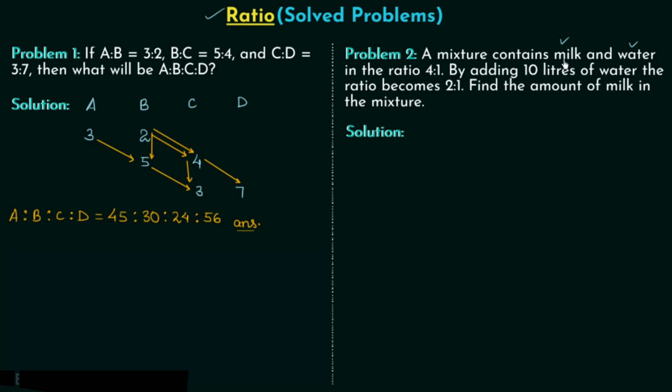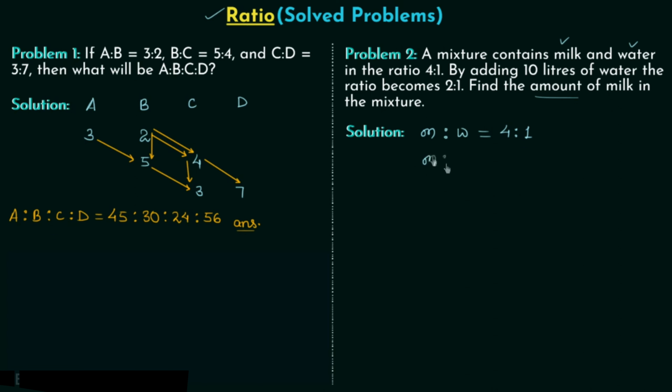According to the question, we have milk and we have water, and the ratio of milk to water is equal to 4:1. Now we already know that this ratio is written by eliminating the common factor, but we want to find the amount of milk, and the amount cannot be correct without including the common factor. So it is a must to include the common factor, and I will say the common factor is x.